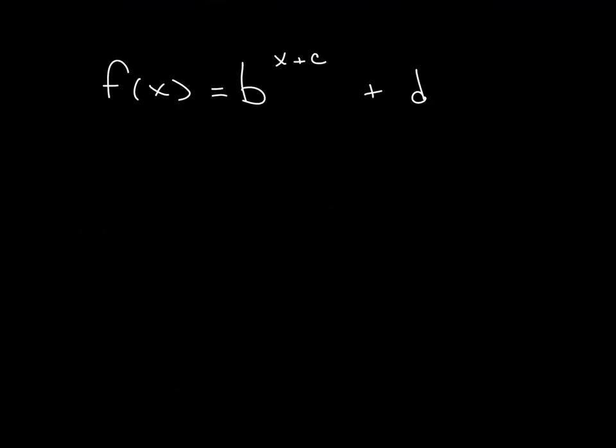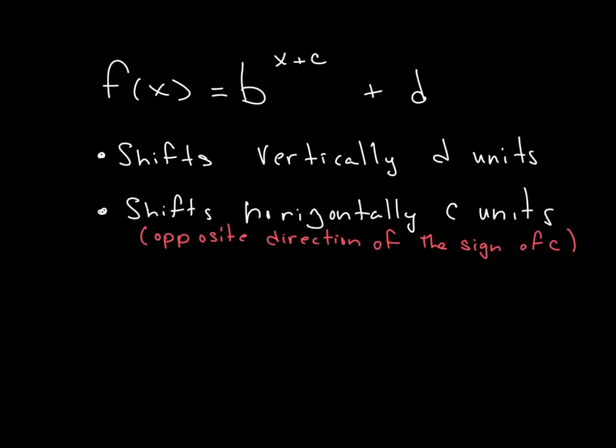We're going to go ahead and look at some general rules for the shifting of this parent function. The first being if it shifts d units vertically, the shift is in the same direction as this sign. And with this, remember that whatever c is, it goes horizontally in the opposite direction.